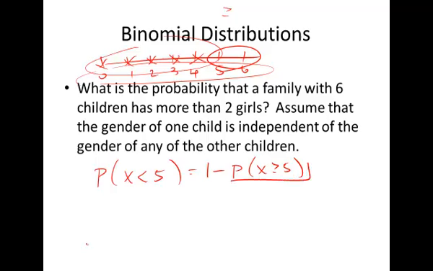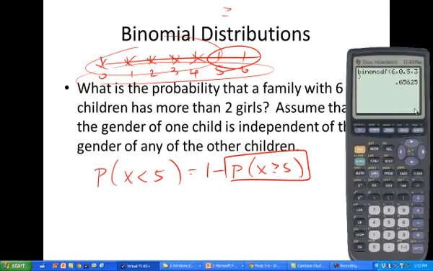So this I could use the binomial CDF. I could say second distribution A, 6 kids, 50-50 chance per kid, and 5 is 98.44%. But if I subtract that from 1, so 1 minus answer, that gives me my answer.